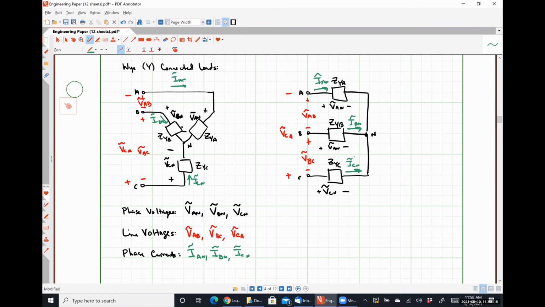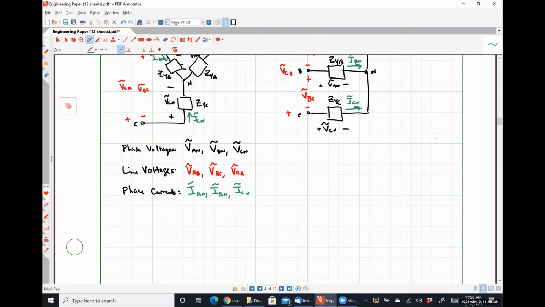All right. Any questions on Y connected loads? So what do you think is going to happen with the delta connected loads? It's going to be almost exactly the same as the delta connected source, except everything is going to have capital letters. All right.